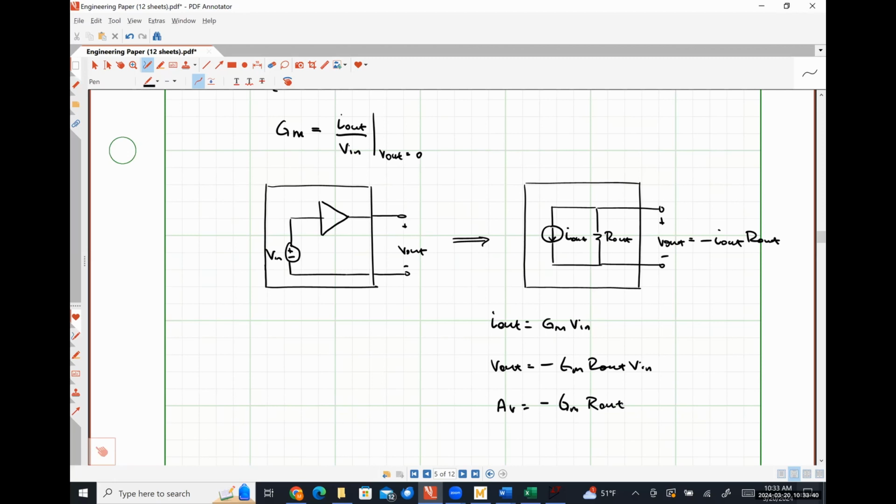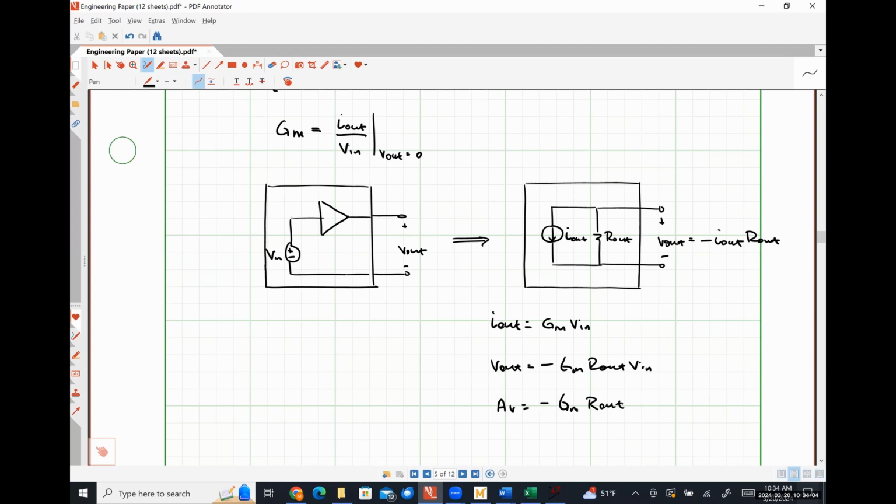Does this look maybe just a smidge familiar? Like, let's say that that capital G were a lowercase g. This is the exact gain equation for a common source or common emitter amplifier. But it turns out that it'll work for everything. Okay?